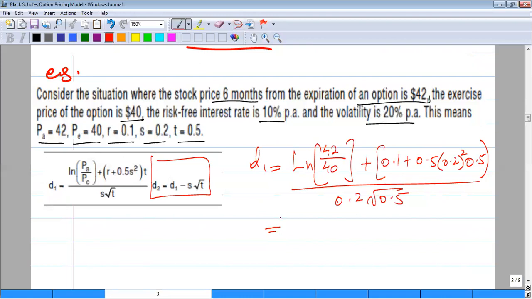the value that we get is: ln 1.05 is 0.048, plus the rest.